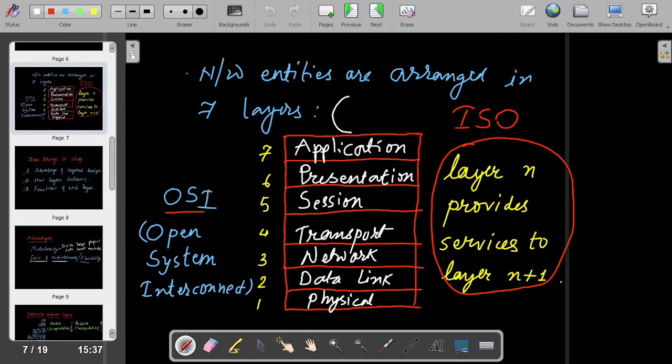So I will write software. Applications themselves are not part of the application layer. And these softwares, like a browser or email client or FTP client, their job is to send and receive data, to send and receive messages.